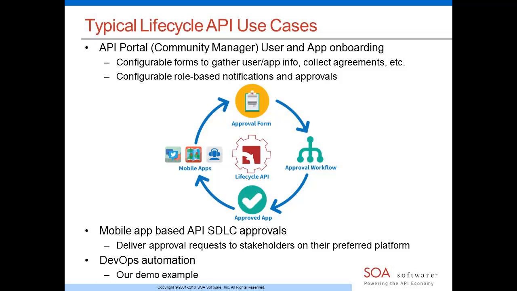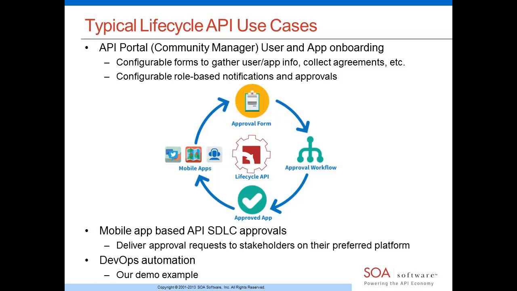Community Manager is designed to expose APIs to the external world, and the external world can be highly varied. Sometimes that external world is a narrowly focused set of partners that you specifically define, you invite, and bring on board. In other cases, it is a much broader, open-ended set of consumers that you want to market to.